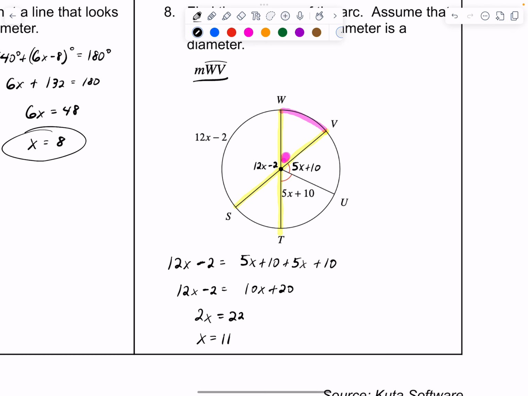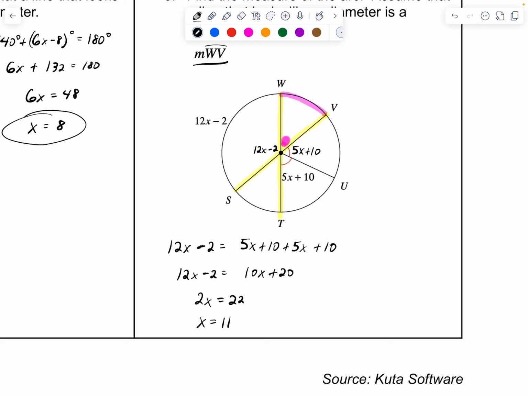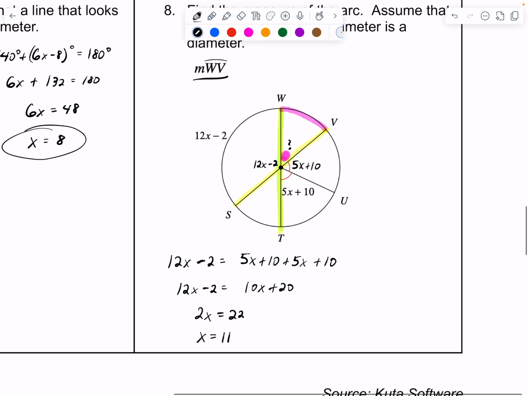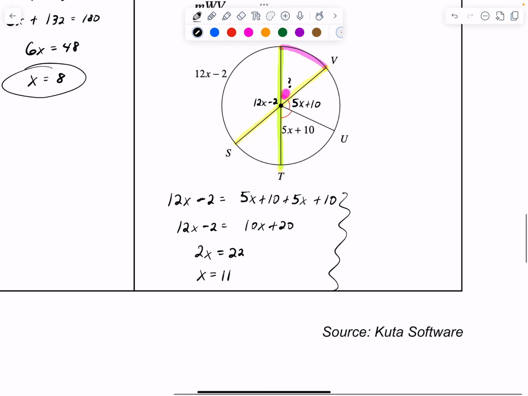All right, so I know when I look here, let me highlight just this diameter now, that the 5x plus 10 plus 5x plus 10 plus that little question mark that I put is going to be equal to 180. So I'm going to plug in the x for 5x plus 10. That gives me 5 times 11, which is 55, plus 10 is 65.